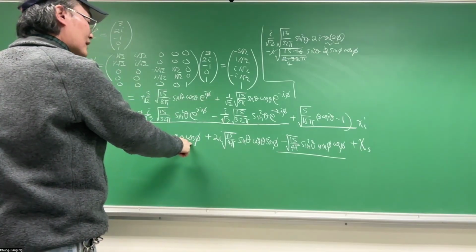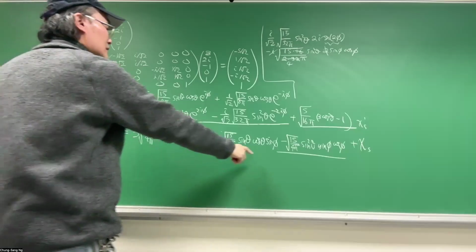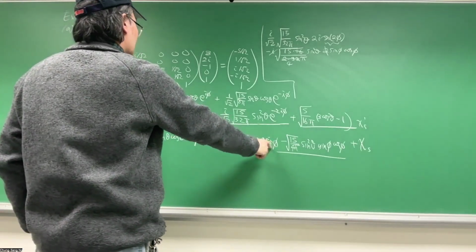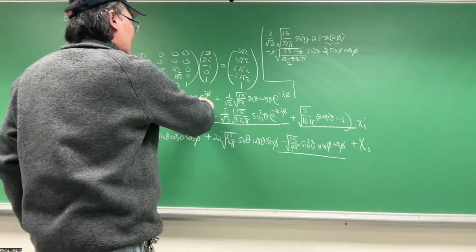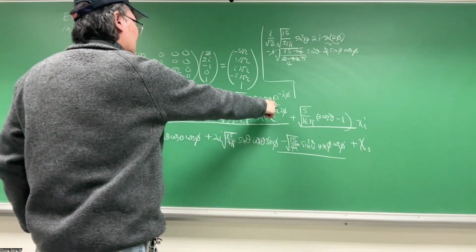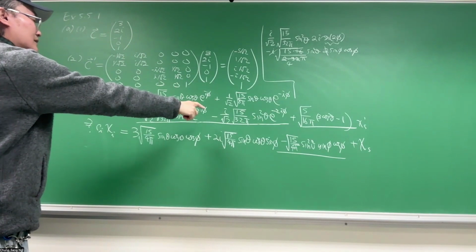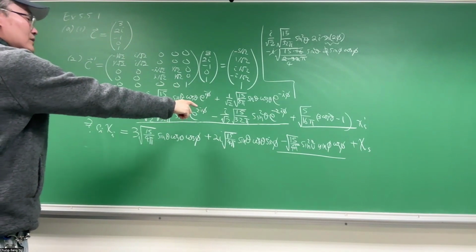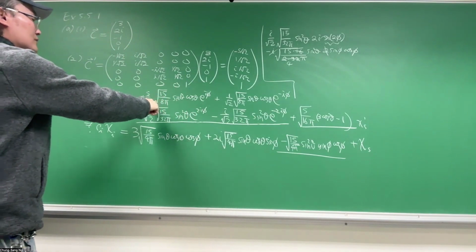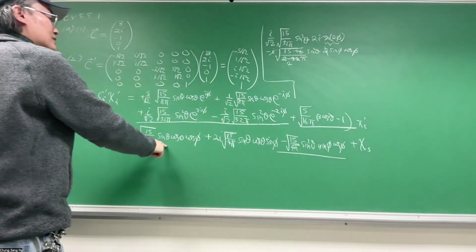You have cosine phi. This one only has cosine phi, this one has sine phi, and this is e to the i phi. This is equal to cosine, e to the minus i phi. So both have a cosine phi. So why don't we just compare the cosine phi from these two with this one?